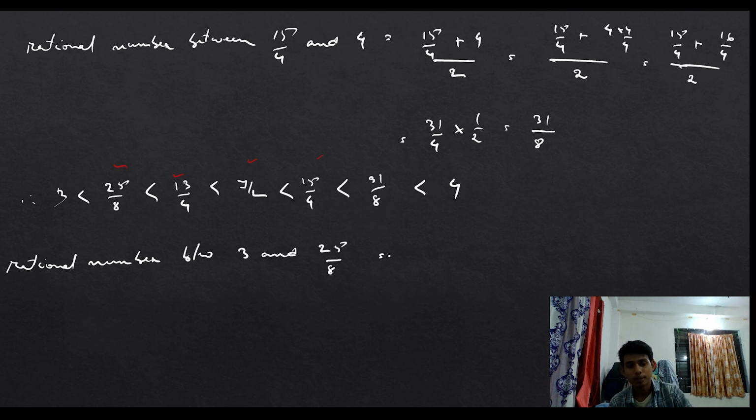25 by 8 will be equal to 3 plus 25 by 8 whole divided by 2.